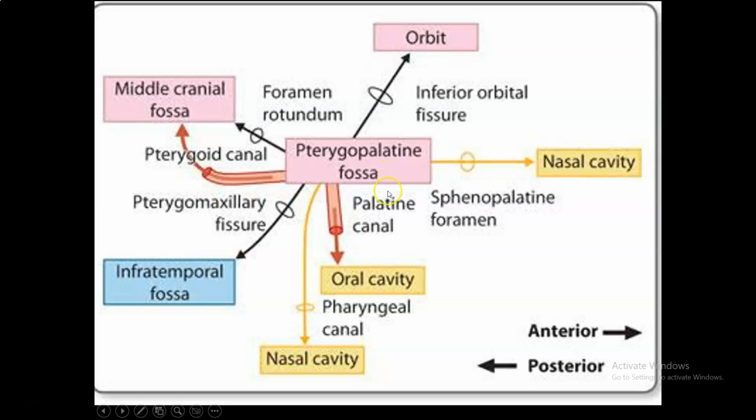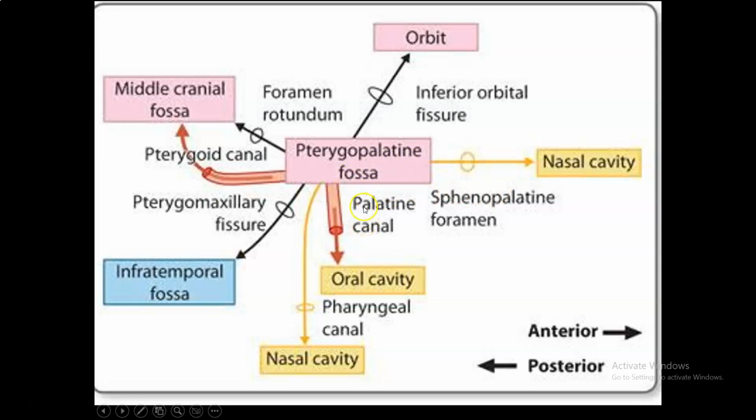Also, if you go medially, you will get the nasal cavity, through the sphenopalatine foramen. You go from the pterygopalatine fossa, you enter the nasal cavity, and inferiorly, of course, there is the oral cavity.